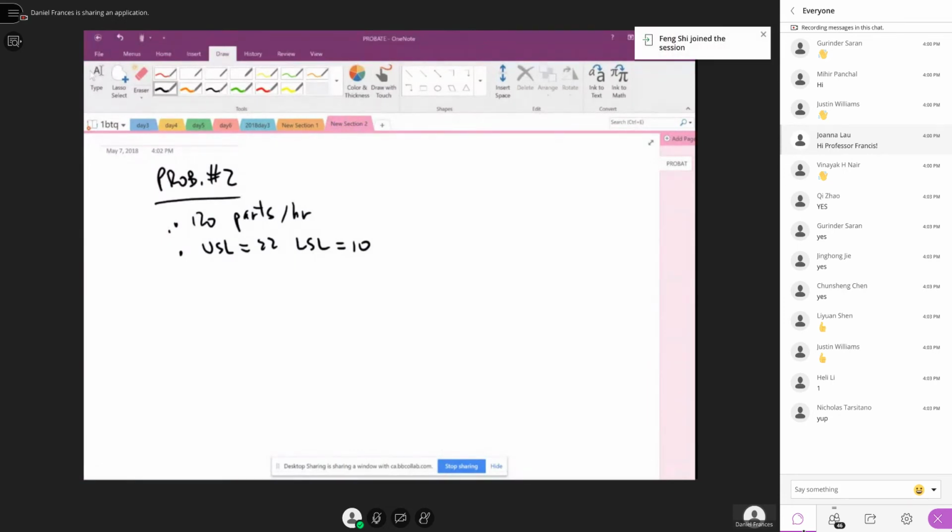Anyway, 20 individual fasteners are selected from the production process, and the in-control value of the process mean is mu equals 15 and sigma equals 4.6. We're told that mu is equal to 15, I guess it's the same units, and sigma is equal to 4.6.